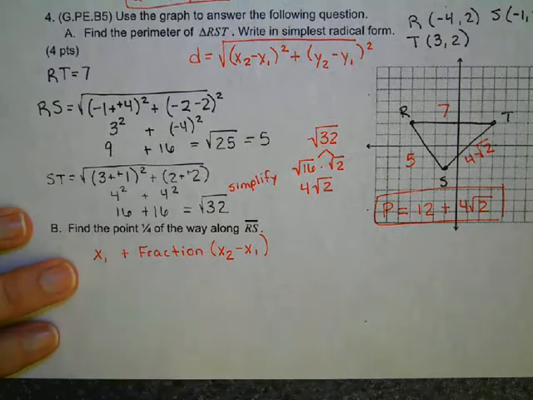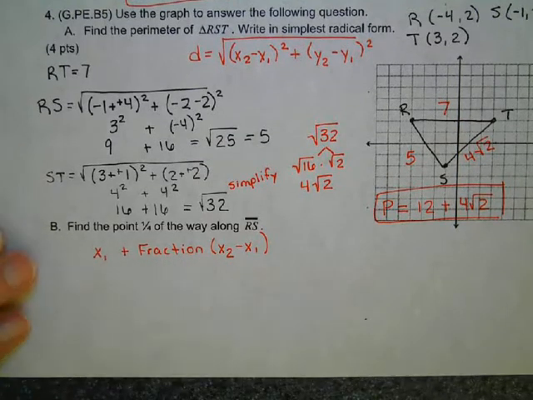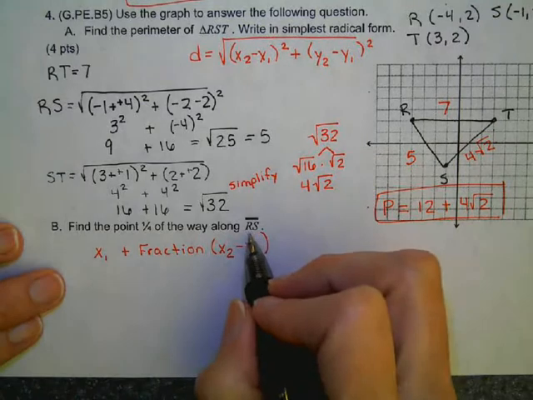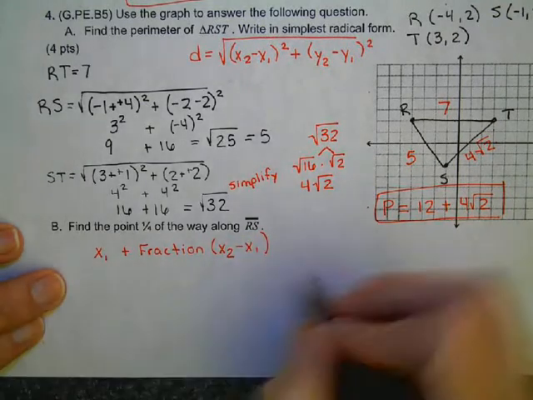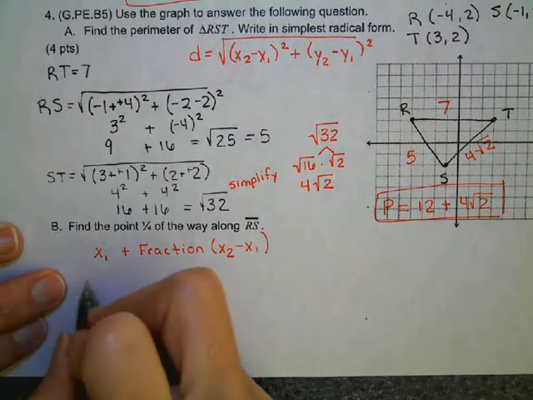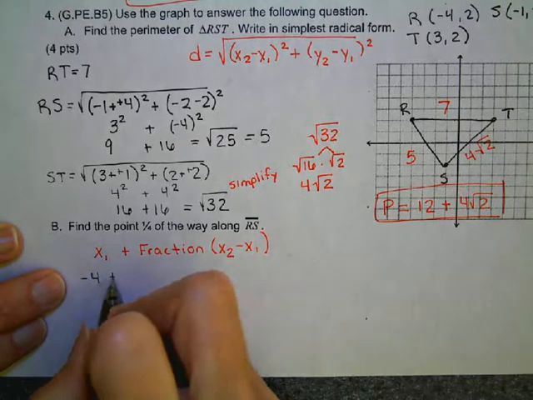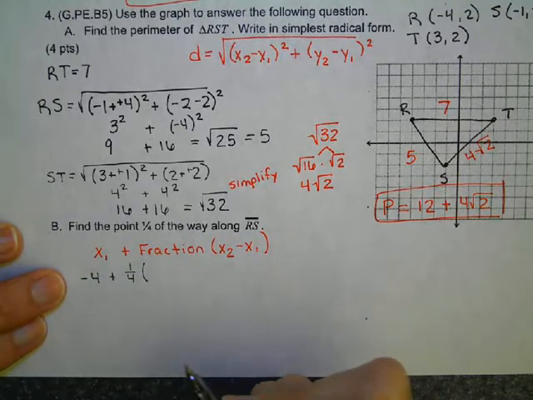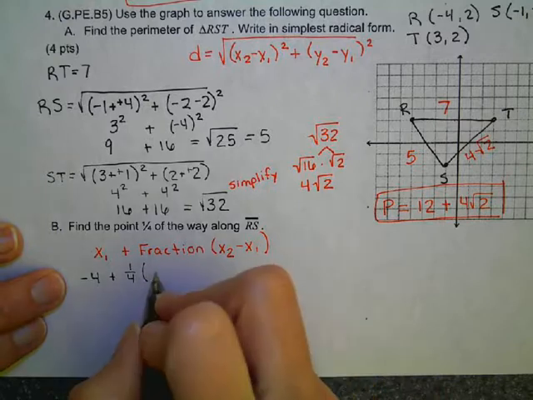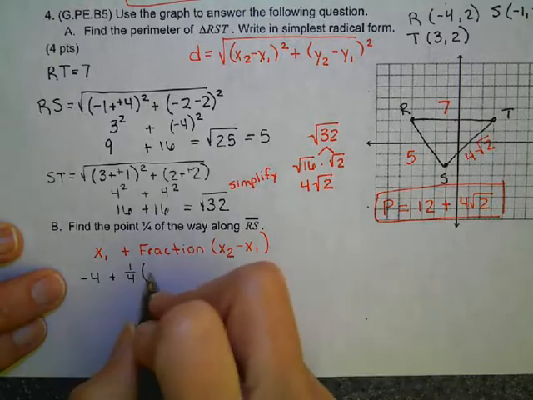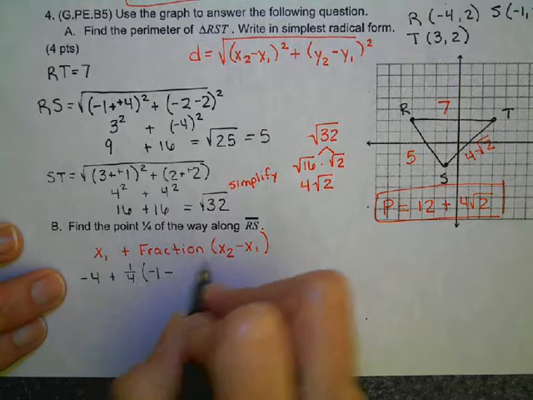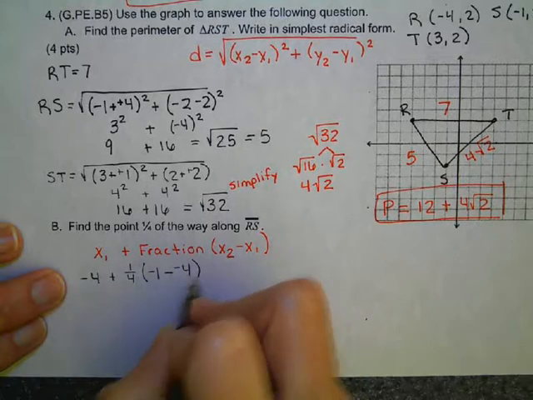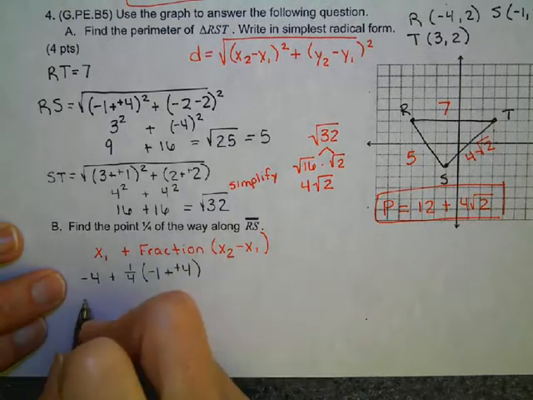You would put y1 plus a fraction of the y length. Alright, so r to s, that means x1 is going to be your r. So we'll do negative 4 plus, our fraction for this one is 1/4. And then you'll subtract x2, so negative 1 minus negative 4.